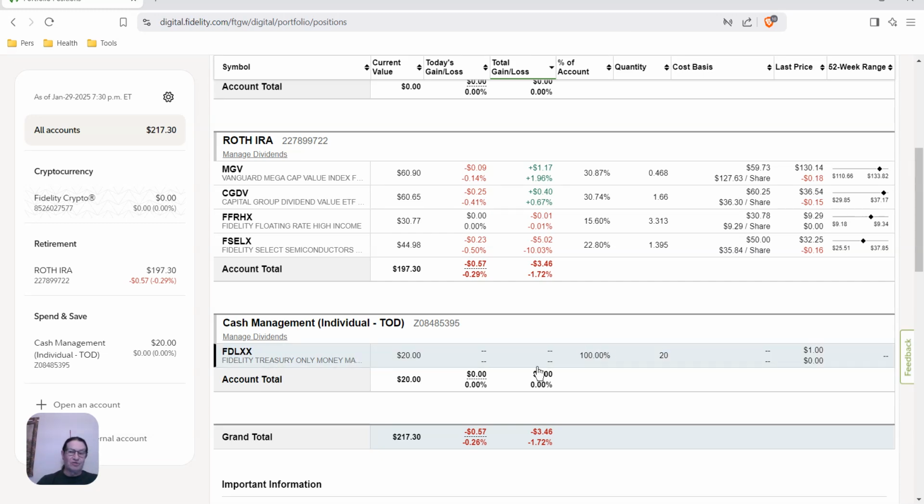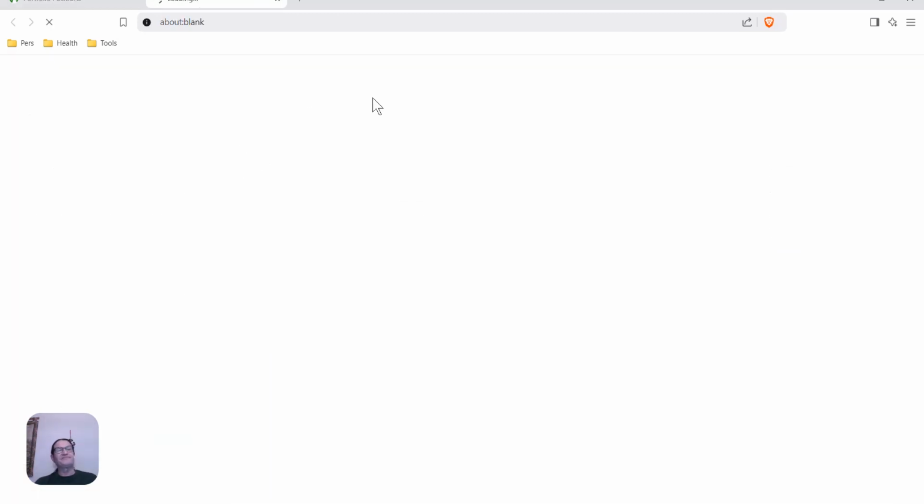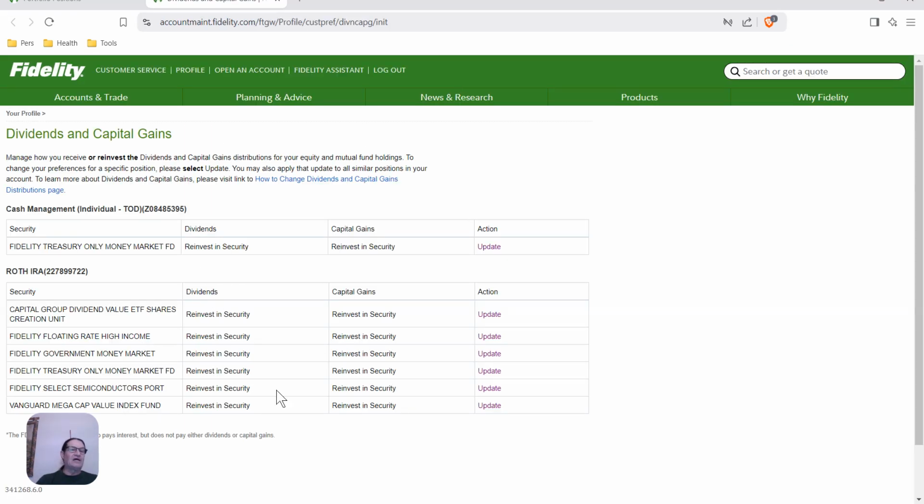The interest you earn is all state and local tax exempt. Once this account now shows up on your Fidelity dashboard, then go to manage dividends. It takes a little while to load, and you need to set the same thing as what we had done with all our index funds.